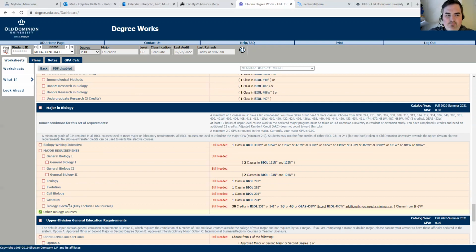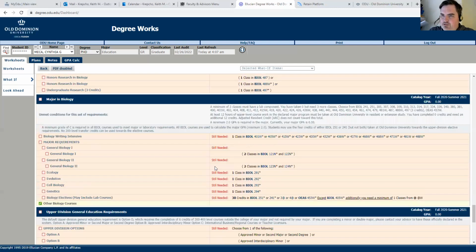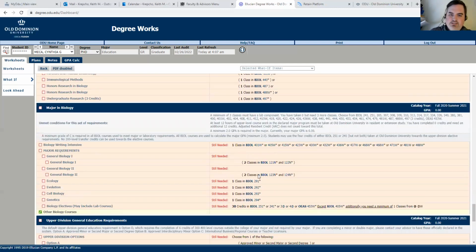And then lastly, your biology electives. So you would need 30 biology electives, only counting anatomy and physiology part 2 if you take it from ODU. And it would also include your 3 labs that you took up here. So depending on the 3 labs that you chose, if you chose 3 5-credit labs, that means you would only need 15 biology electives.